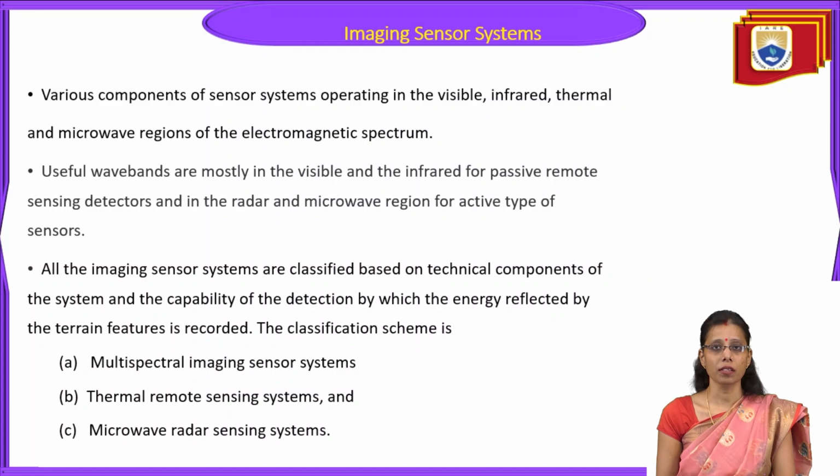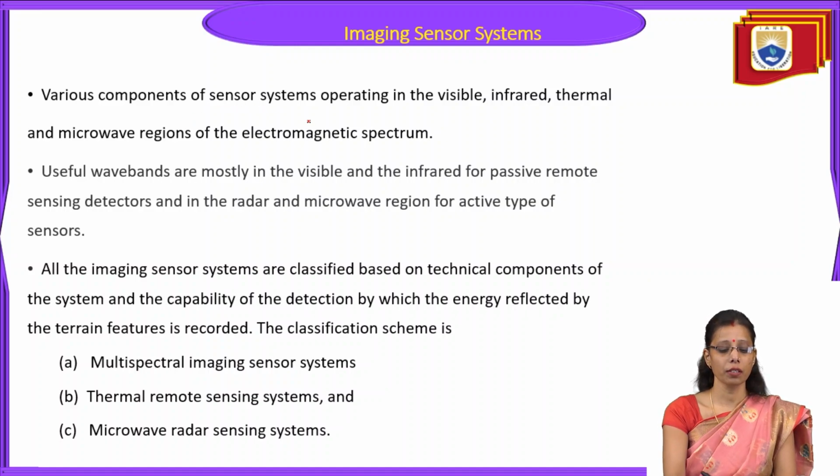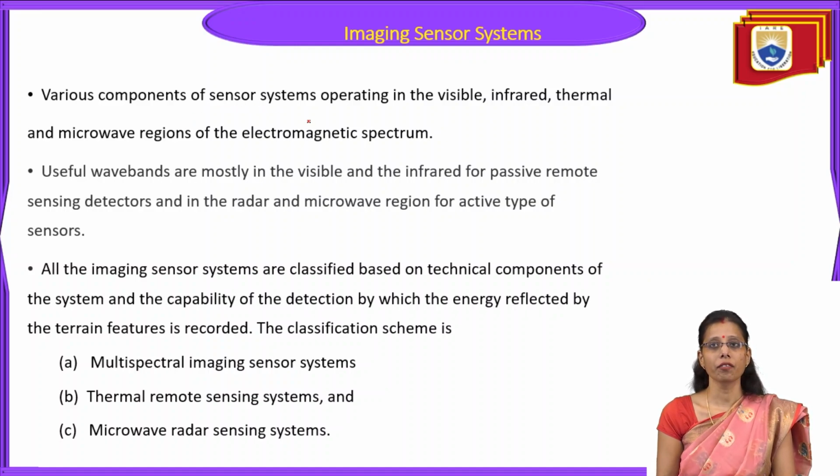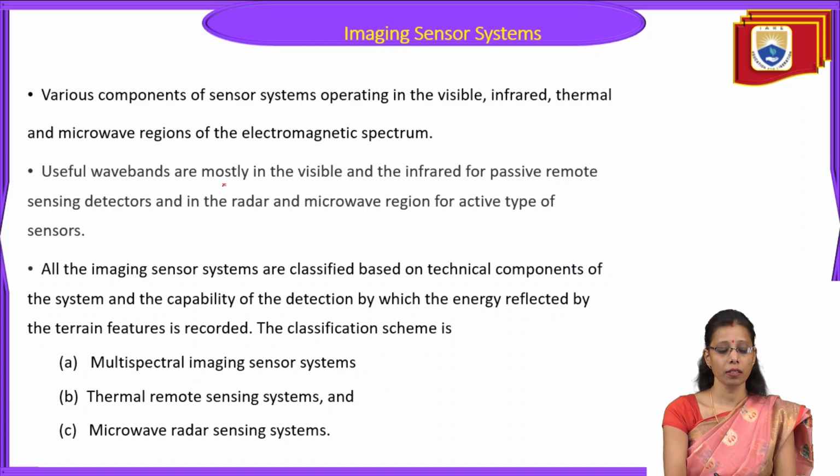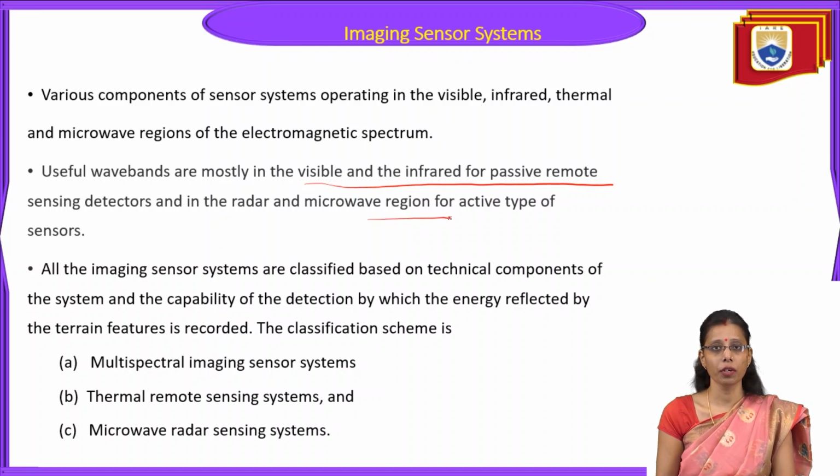Let us understand all these types of sensors. Imaging sensor systems have various components operating in the visible, infrared, thermal and microwave regions of the electromagnetic spectrum. Useful wavelengths are mostly in the visible and infrared for passive remote sensing detectors, and in the radar and microwave region for the active type of sensor.